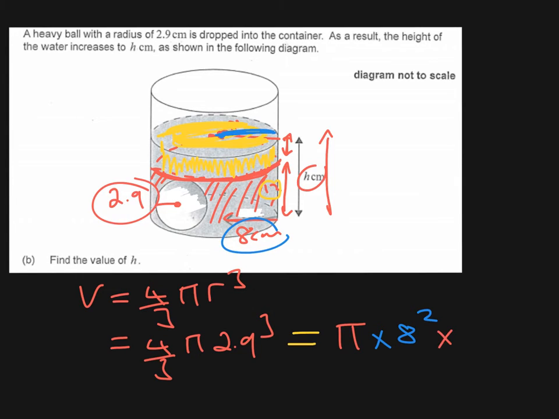So that's going to be just h minus 12. And in effect, what we've got now is just one unknown. So the unknown is h in this equation. And then we can just rearrange that and solve for h. And that gives us a value of 12.5 centimeters, correct to 3 significant figures.